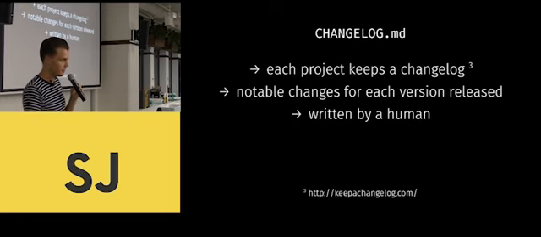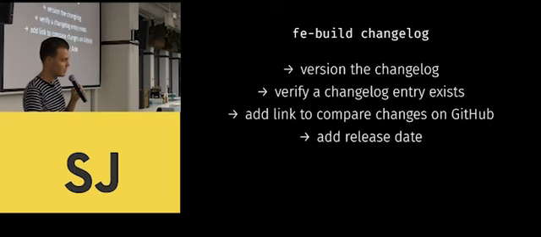So it's fairly manual, but there is a few steps that we can automate, and we automate those steps with our FE build changelog command. It versions the changelog, so it rearranges the changelog entries for each version. It verifies that you've actually entered a changelog entry, and then adds a couple of links.